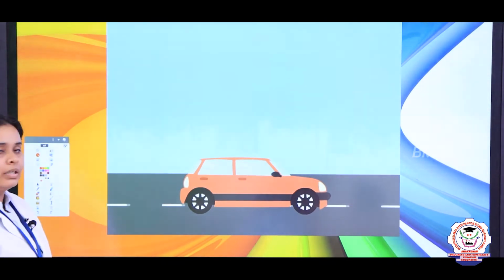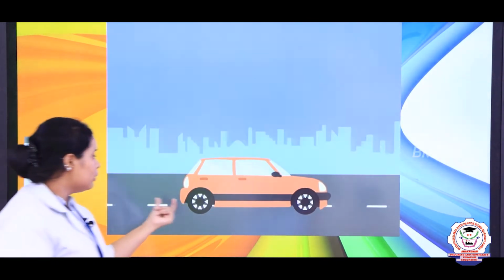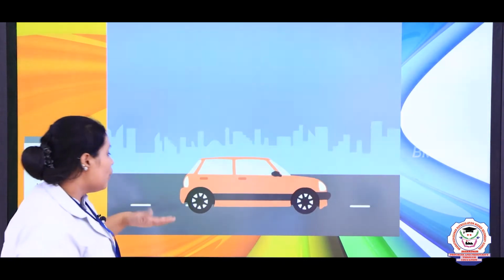What's happening here? Yes, the car is moving, right? How is it moving? Due to the movement of wheels. The wheels are rotating, and rotating you can also call rolling. The road is a permanent place which does not move, but there is a ball or a wheel which is getting rolled.